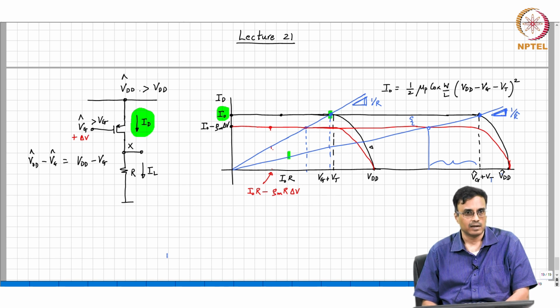Alright. Now, if you want to increase the gain by a factor of 100, you need to increase the VDD by a factor of 100, correct. So, basically as you can see this is a pretty impractical thing to do.